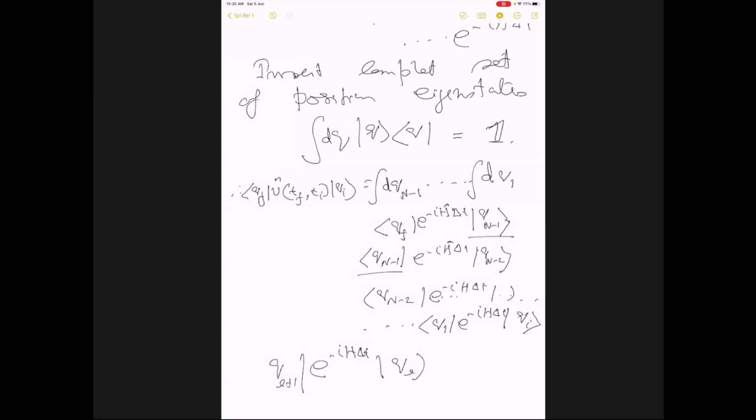That is the probability amplitude that within this small time interval, if it was in the state Ql, it will be in the position eigenstate Q(l+1). So this is called T(l+1, l), or transfer matrix.